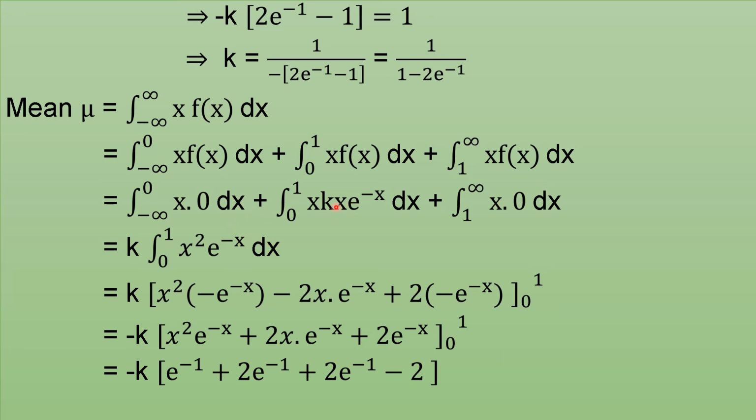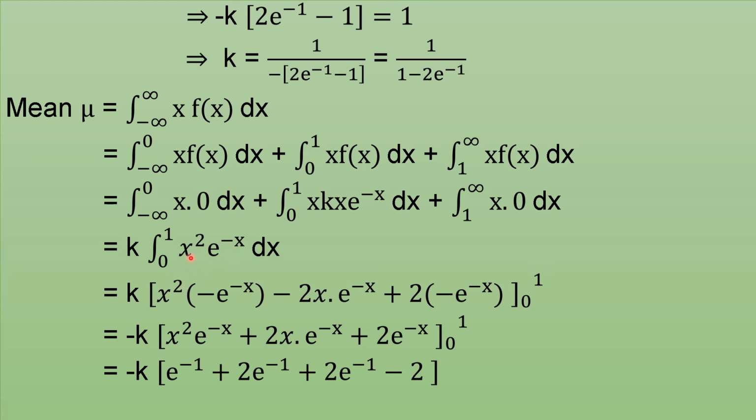Second integral. Keeping that k outside the integral sign, k into integral 0 to 1, x into x means x square, e power minus x dx. Now again apply Bernoulli's rule of integration by parts with the first factor as x square and the second factor as e power minus x.